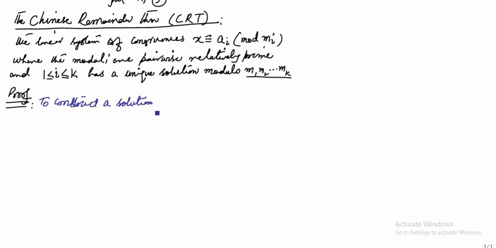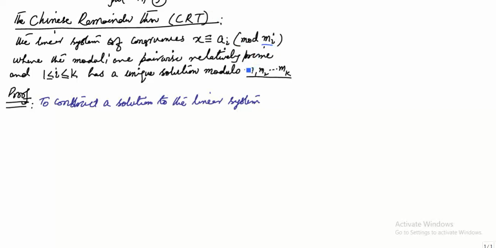So, construct a solution to the linear system. We know that all mi are pairwise relatively prime.